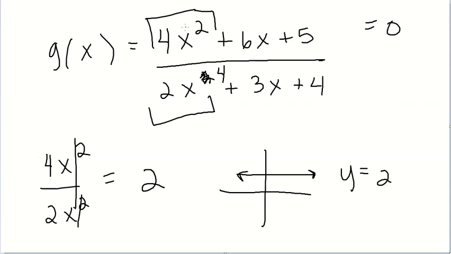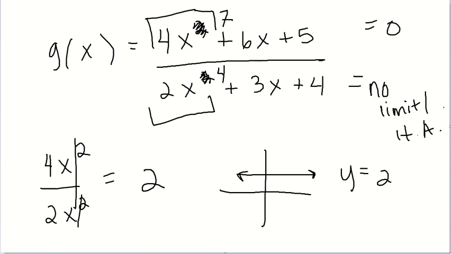Or the last situation is we could have the leading term on top be the bigger one, and the leading term on bottom be smaller, and that's when you're going to get a limit or horizontal asymptote that doesn't exist. So those are the three situations, and it really all comes down to the relationship between the leading powers in the numerator and denominator.